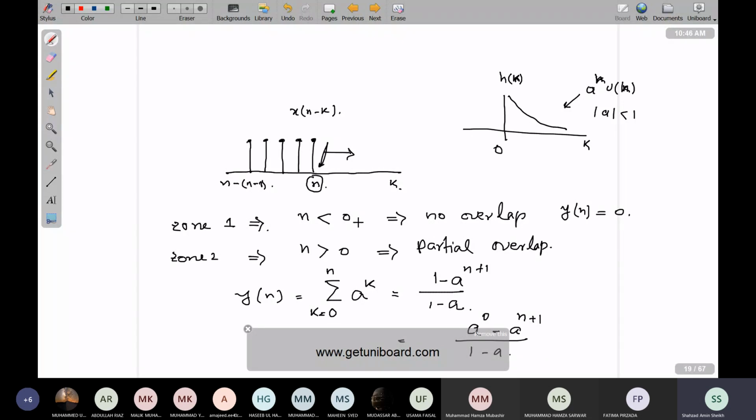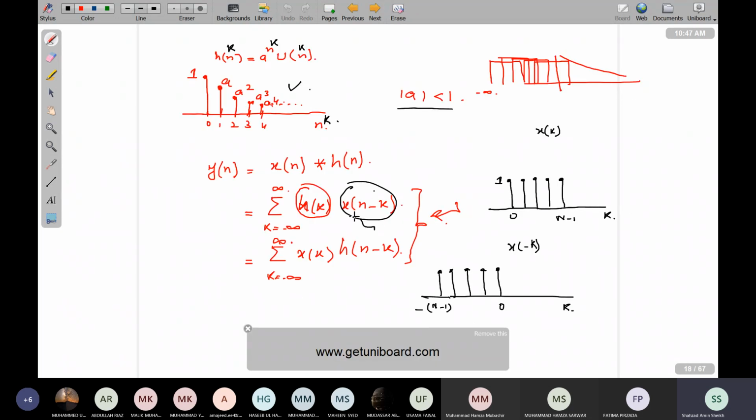So there will be two zones. Zone 1, when n is lesser than 0. When n is lesser than 0, there is no overlap. And when there is no overlap, when we will be multiplying sample by sample, the result of this multiplication will be equal to 0.